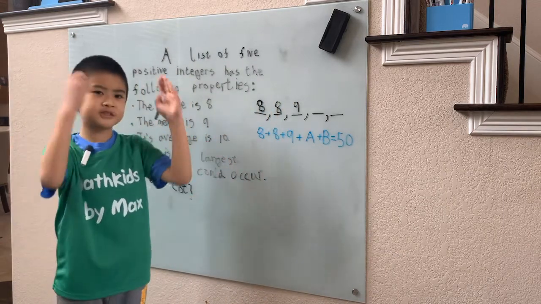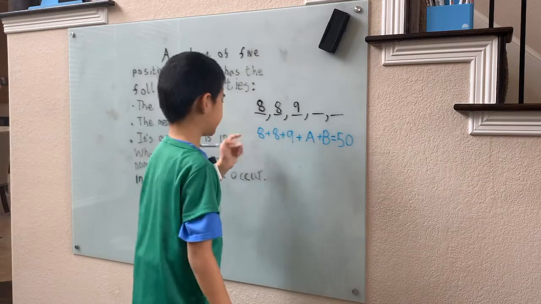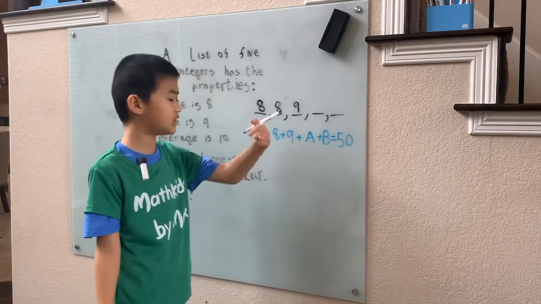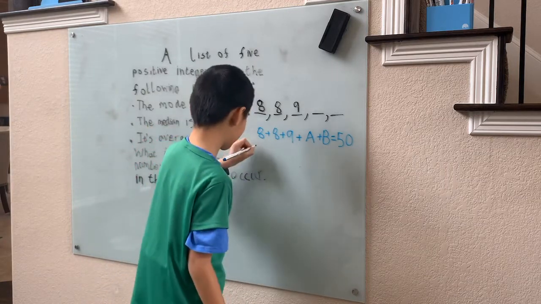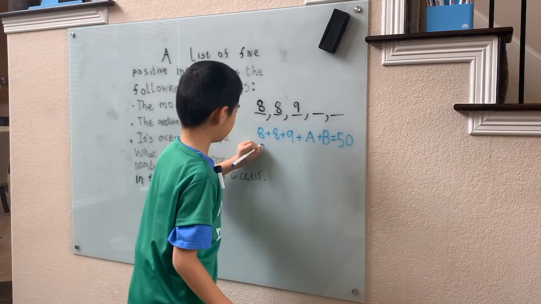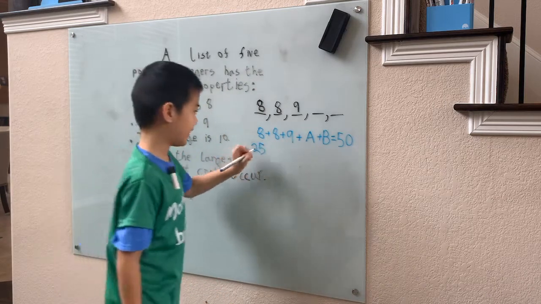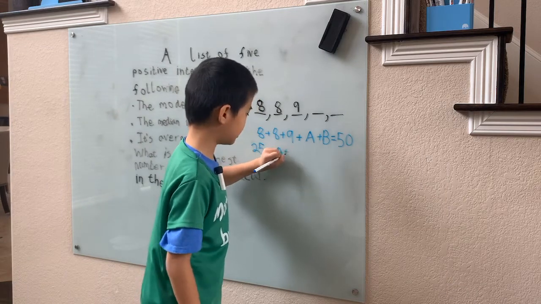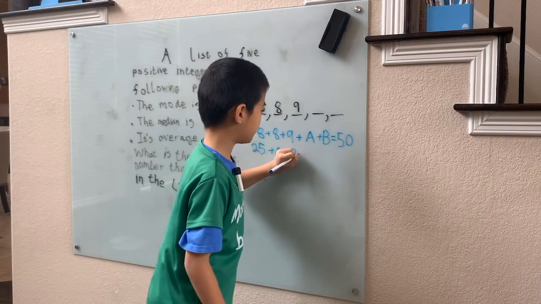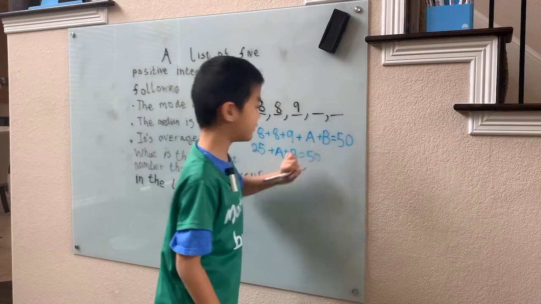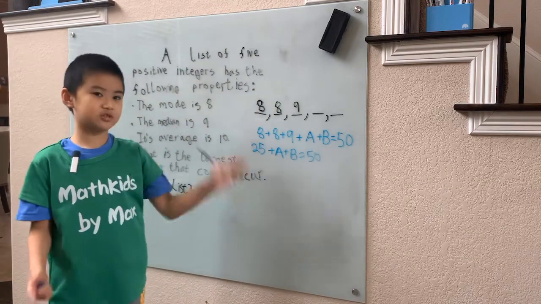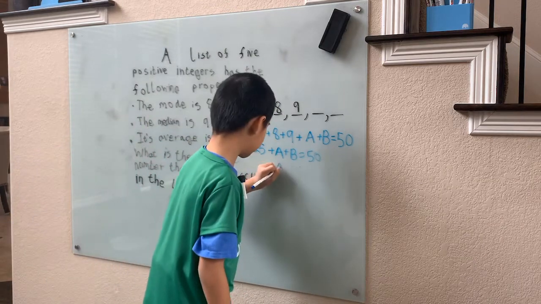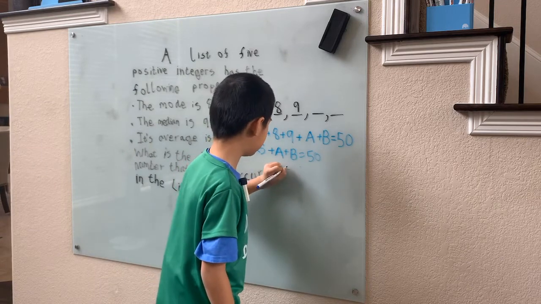We just simplify the equation. 8 plus 8 is 16, add on the 9 and we get 25, and add a and b, the 2 variables we're looking for, equals 50 again. Then we subtract 25 from both sides to get a plus b equals 25.